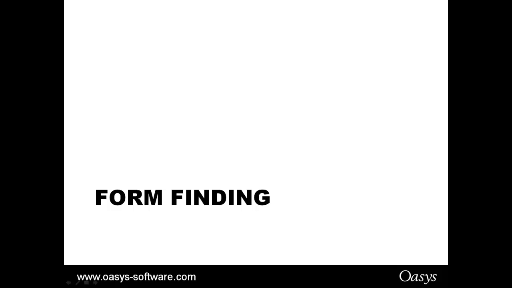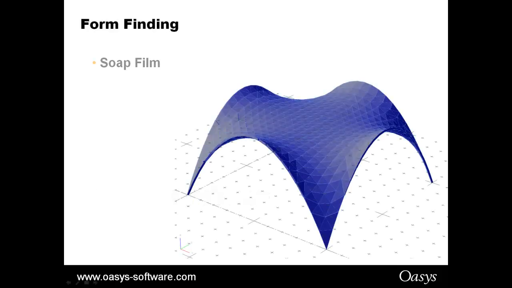So, form finding in particular. Form finding is a method to find the new shape of the structure, the ideal shape, which is governed by the loads applied, but also the pre-stresses and constraints and so on.